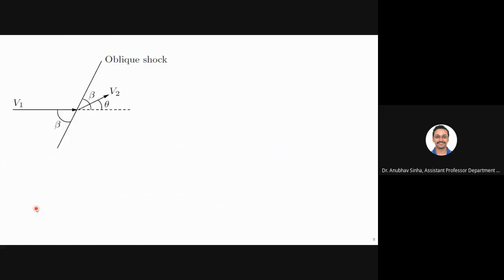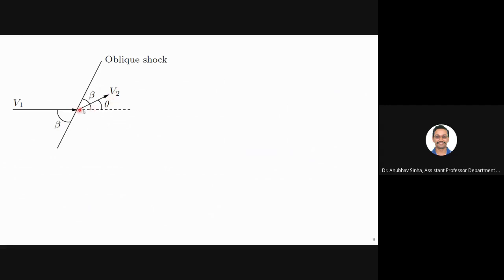Okay, so let us see how we can break up this shock. Basically break up the components of velocity. So let us say this is an oblique shock lying at some angle beta to the incoming flow v1, and this velocity gets tilted, and the resultant velocity after the shock is v2.